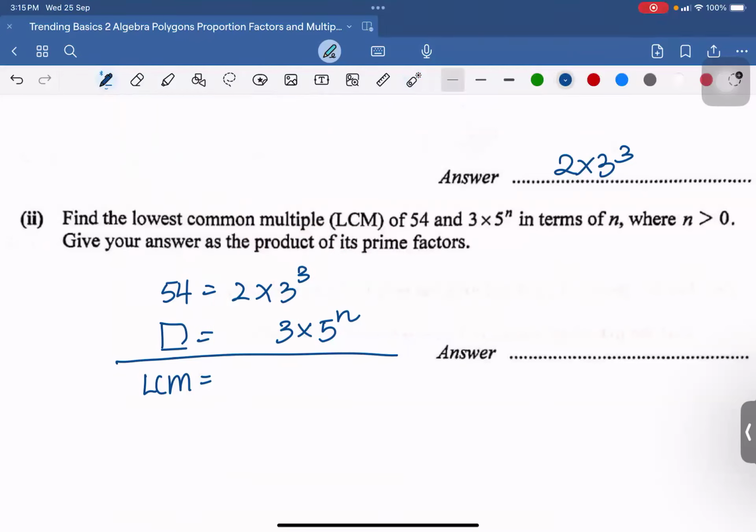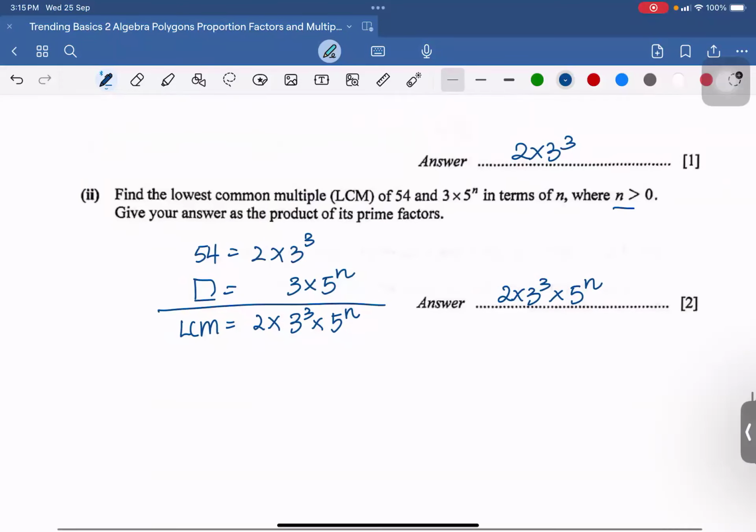Choose everything, highest power. 2, any more? 3 cubed, any more? 5, and 5 to the power of n as well, because n is greater than 0, so it exists. Therefore, this will be the answer. Simple, straightforward. Just that they now tend to put algebra inside that question.